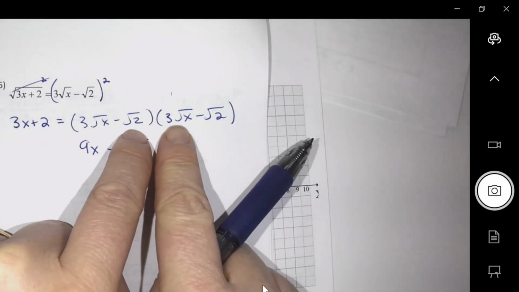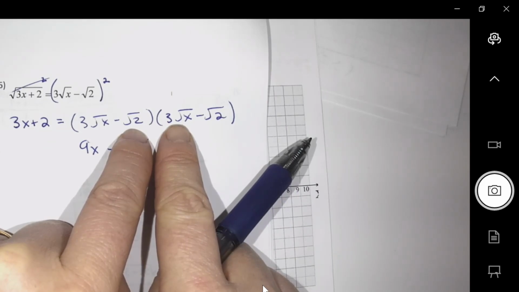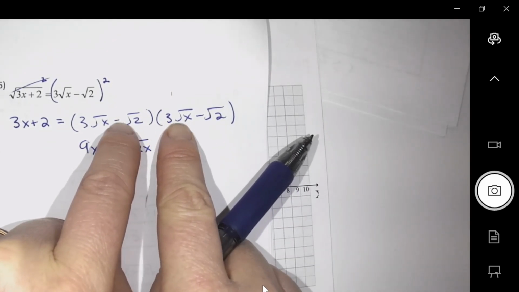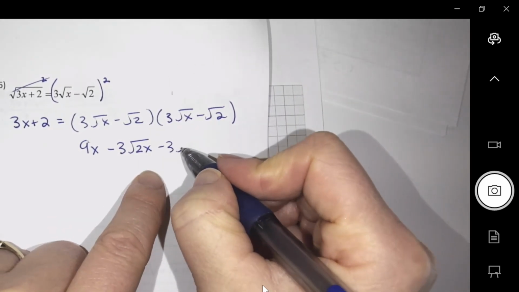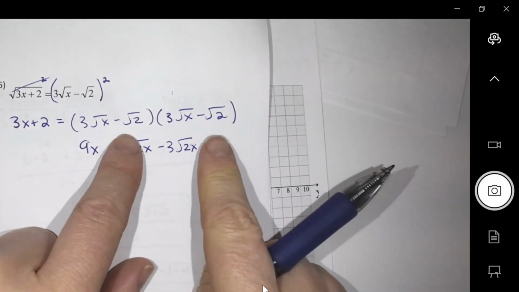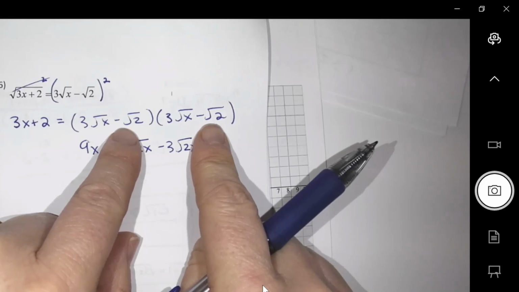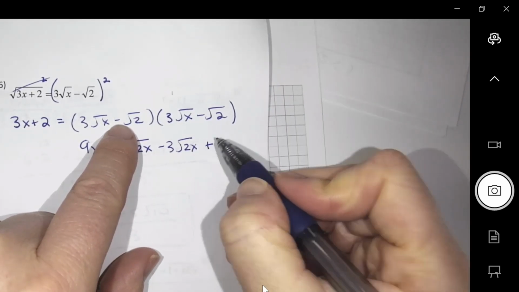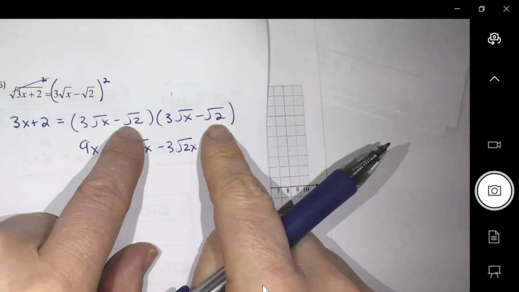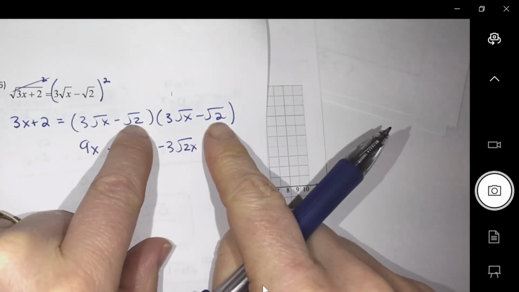Insides, look at that, the same thing, right? -3 in the front, radical 2x. Last, first of all, what's a minus minus? There'll be a plus. What's a root 2 root 2? 4.